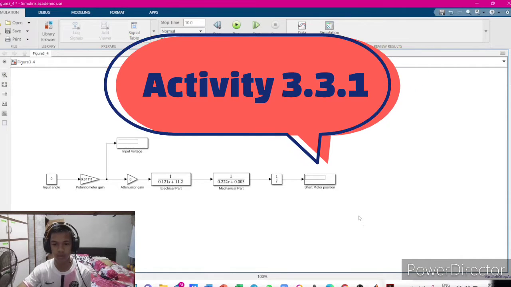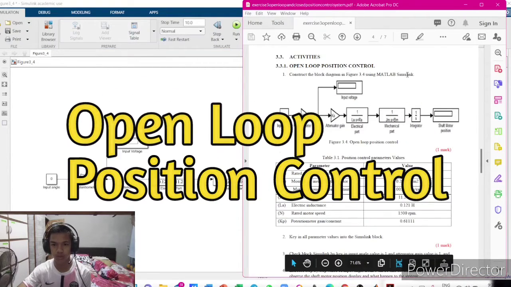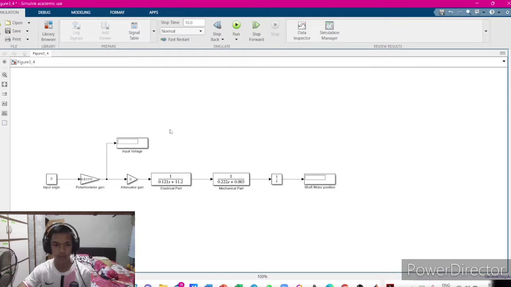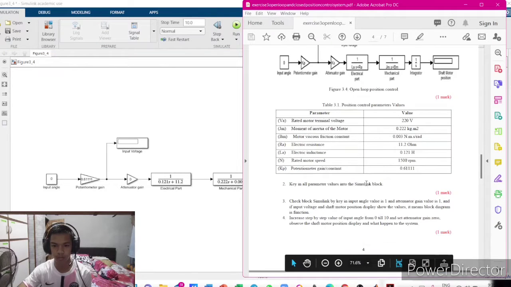We present activity 3.3.1, which is the open loop position control. So this is the block diagram for open loop position control. First, we need to key in all parameter values into the simulating block.